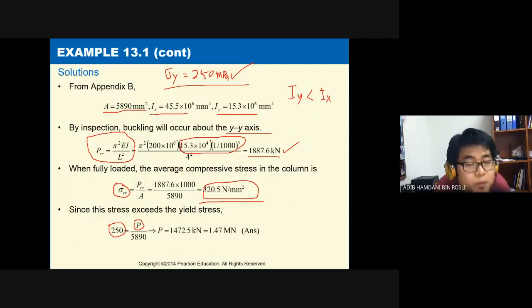Why? Because here the yield strength is lower, so you need to use the lower one. Then you get the largest load that can be applied without buckling or yielding, which is 1.47 MN.